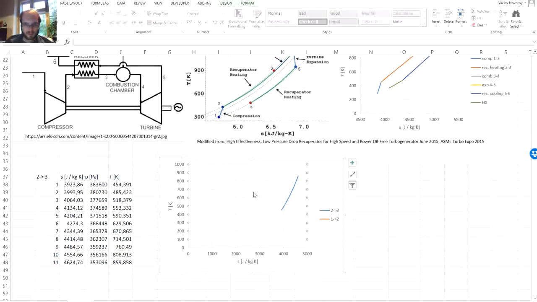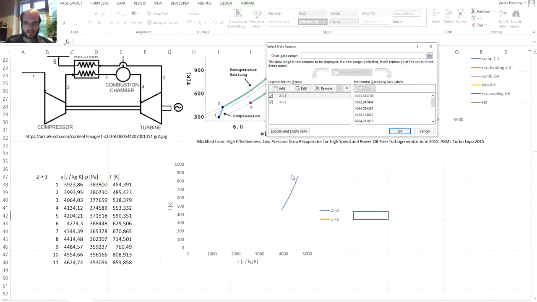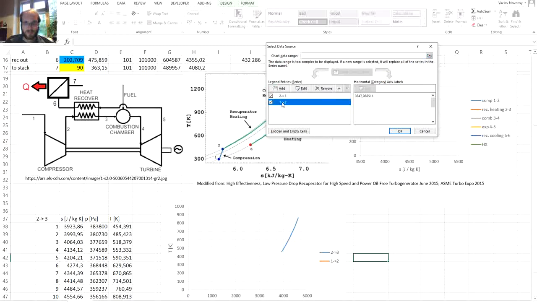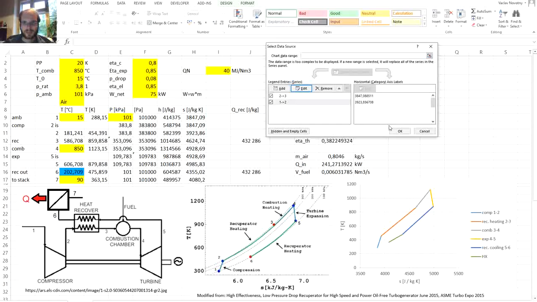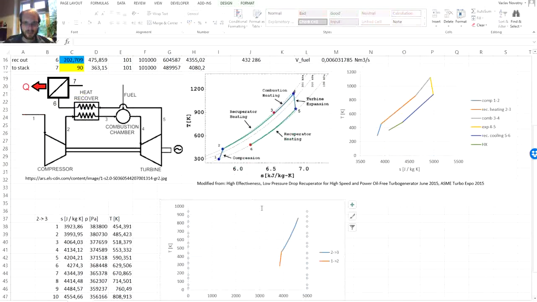And now what's wrong in here? It did not load correctly. I did not insert it correctly. And now we have the compression and the recuperator heating.